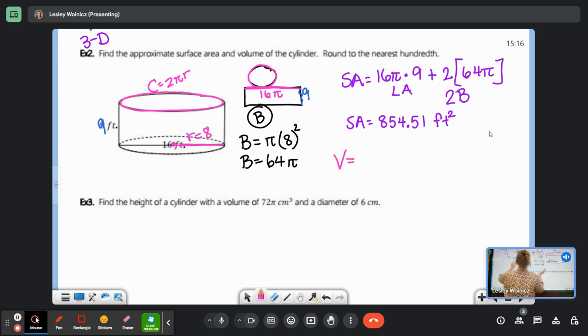We already know the base. So the base is our 64 pi. Okay, times our height, which is, this is our base, this is our height. What do we get? 64 times pi times 9.